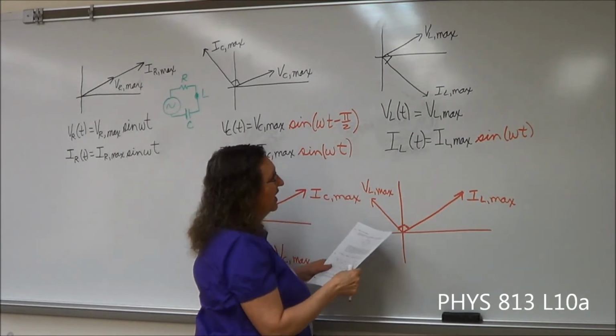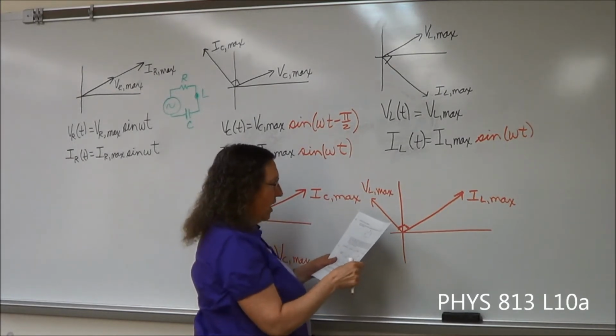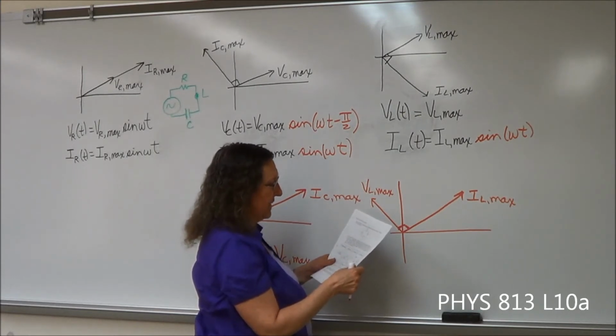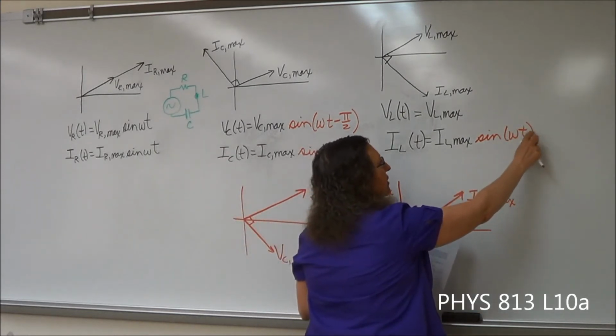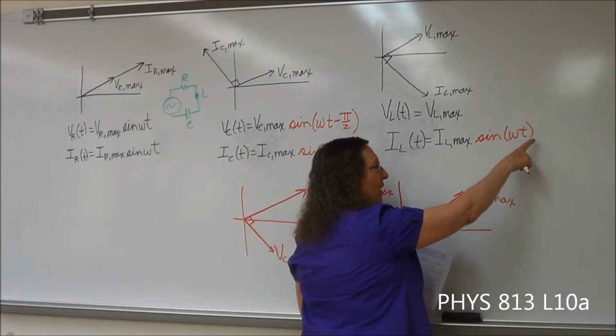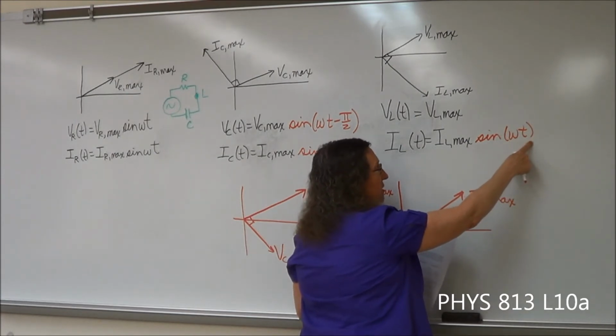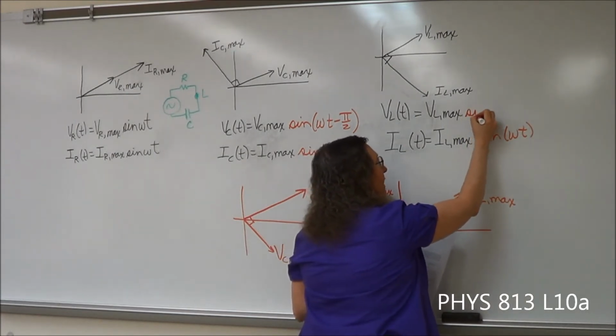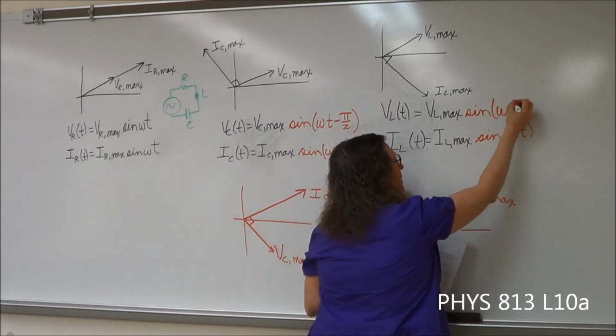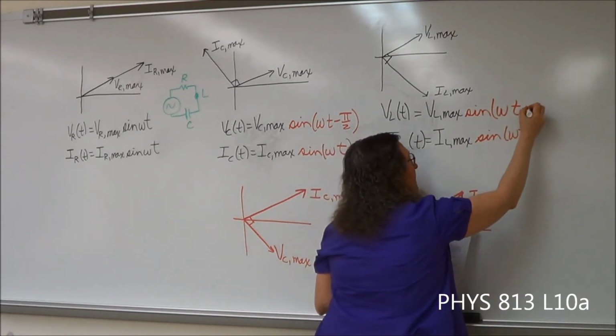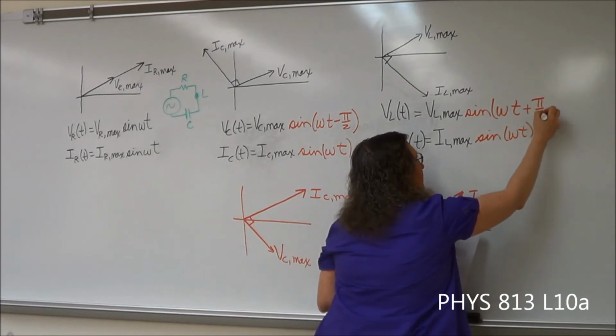So we had minus pi over 2 here. So we added pi over 2 to get nothing. So now we need to add pi over 2 up here. So we have sine of omega t plus pi over 2.